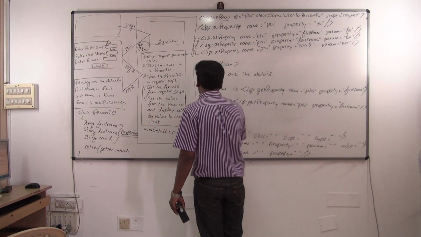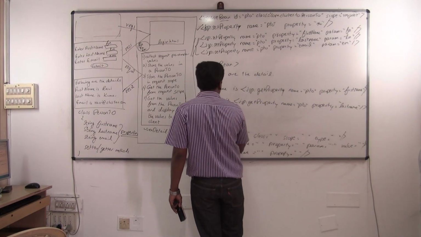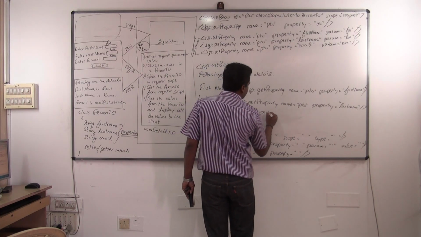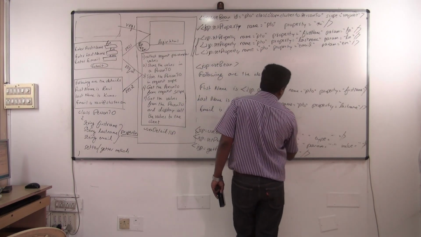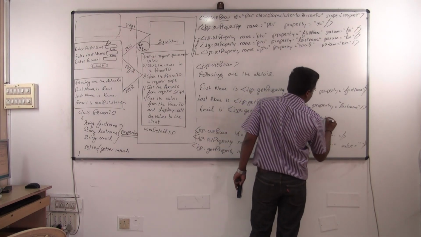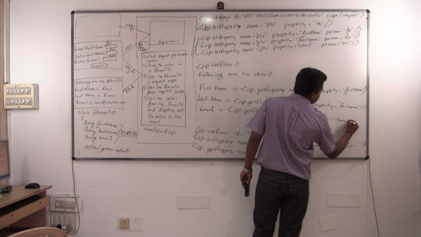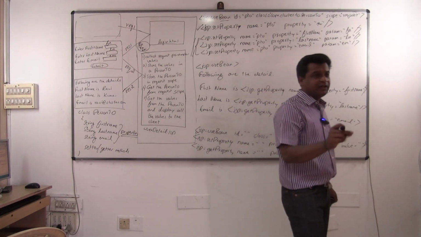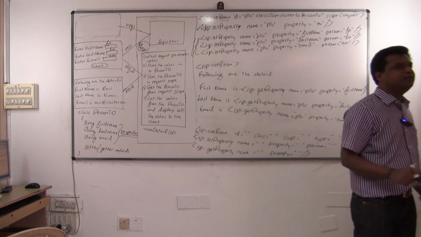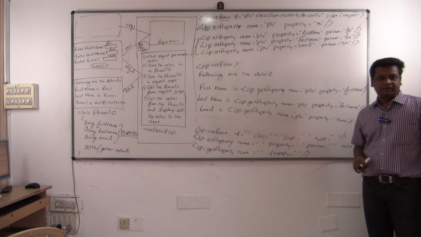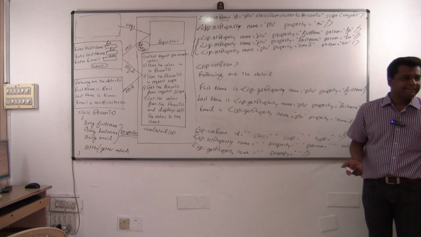Same way, email is jsp:getProperty. Name is equal to PTO, property is equal to email. So here you have to remember, it's very simple. Wherever you got the attributes, carefully observe. Property means the property name you have to give. Param means the parameter value you have to give. Simple. That's the hint. Okay?